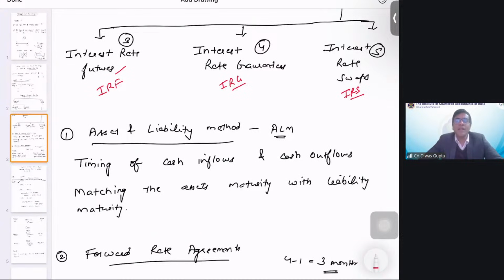So in a way, you're trying to again match your lower liability period to the higher realization period. So all these efforts, all these kinds of initiatives are within this category of the asset and liability method. And the underlying principle here is that the more your assets and liabilities maturity profiles are aligned, the less risk you are undertaking. Okay.